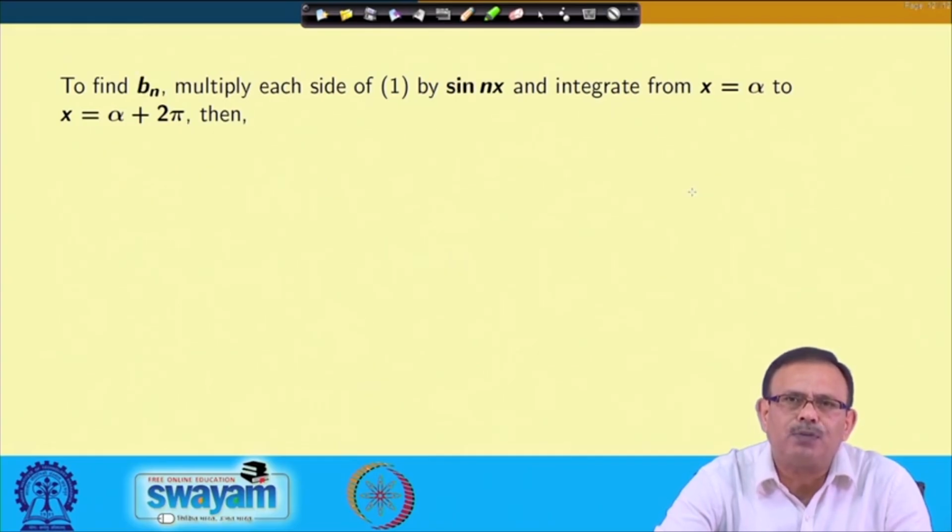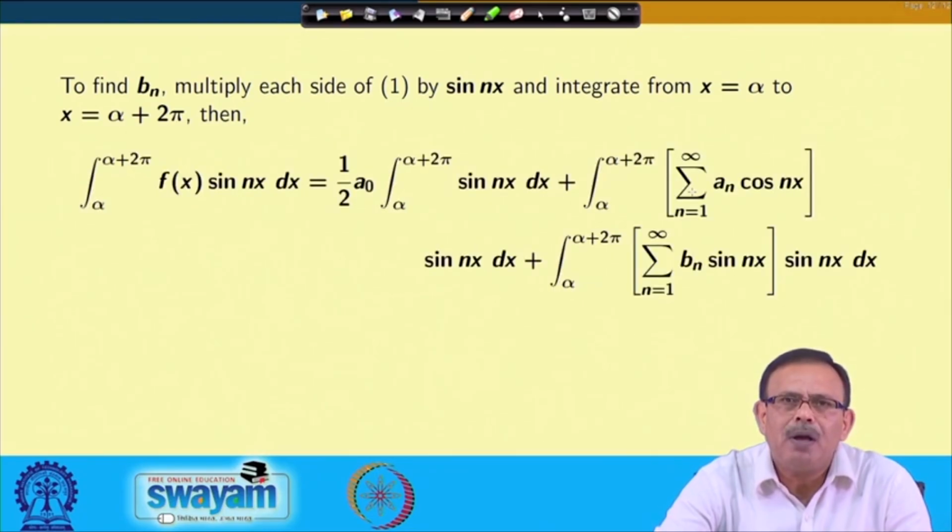For the third case, to find b n, we will multiply both sides of equation 1 by sin nx and then integrate from alpha to alpha plus 2 pi. In the same fashion, here the first and second integrals on the right hand side will be 0, and for the third integral only we will get one term, other terms will vanish.